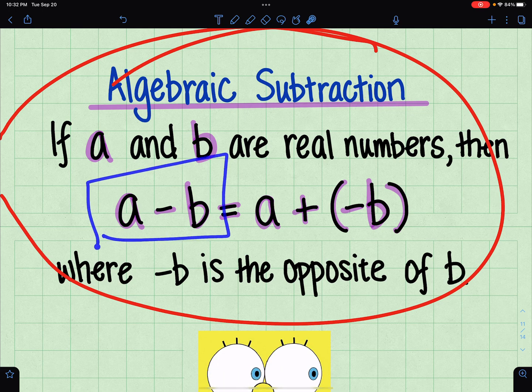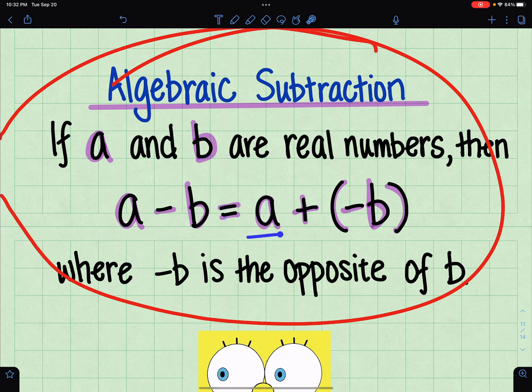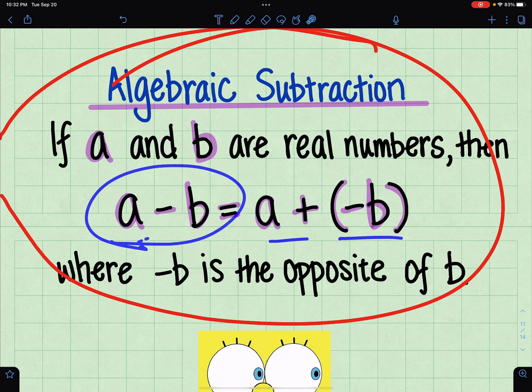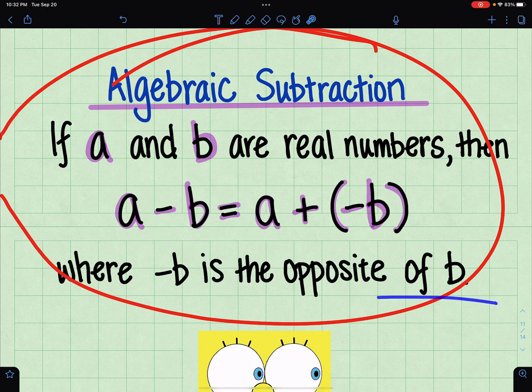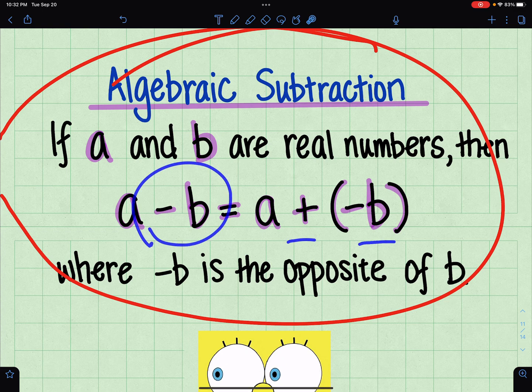Pretend this is 7 minus 4, but we changed it to 7 plus a negative 4. So if you change those into letters, that means any number. It doesn't have to be a 7 and a 4. It can be a 35 and an 8, right? Any of those numbers, if you want to subtract them, you can just add the opposite of b. Negative b is the opposite of b. So instead of subtracting b, we're going to be adding the opposite of b.